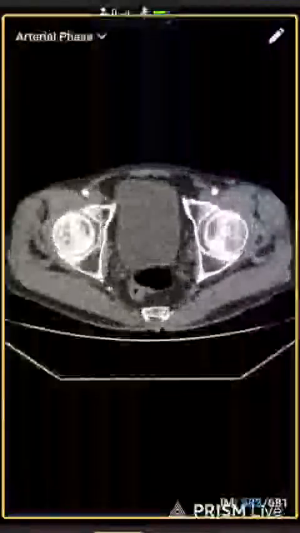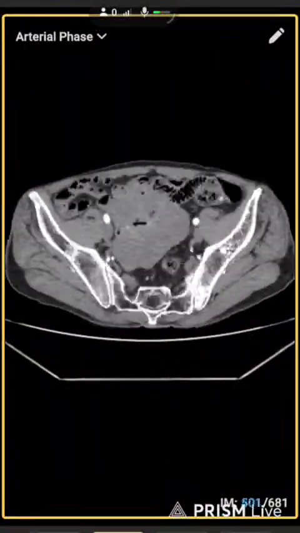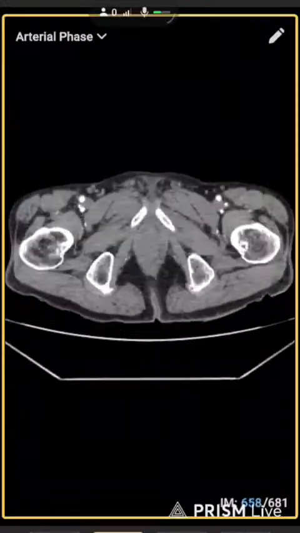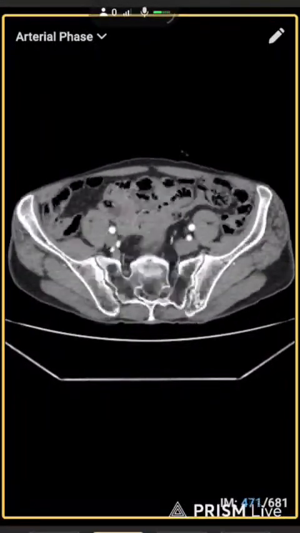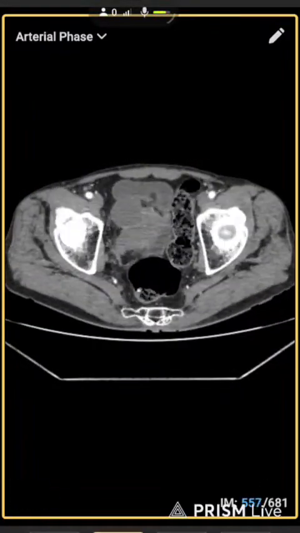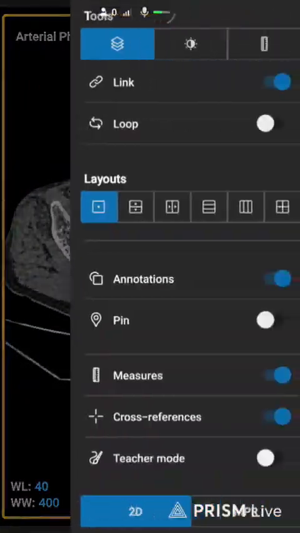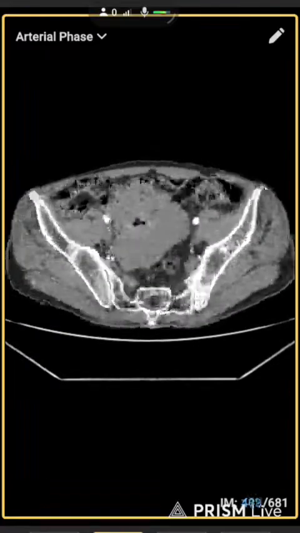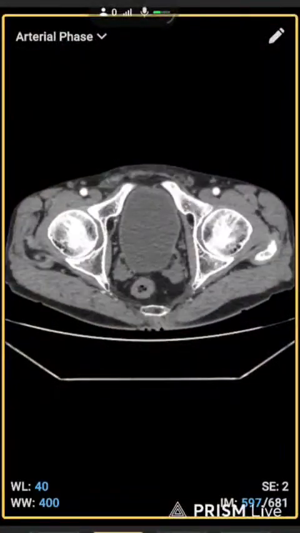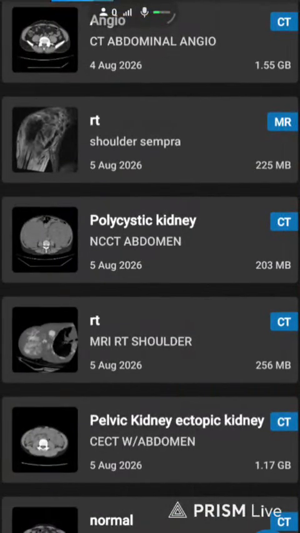So we need the arterial phase. In radiology you have to find the best scan option for the patient; that's why we are called technologists. This is the lesion, and here you can see the artery going under this lesion. I will tell you the diagnosis tomorrow.